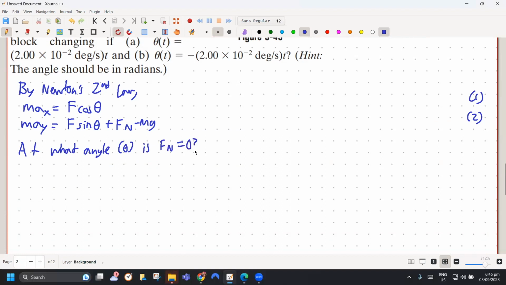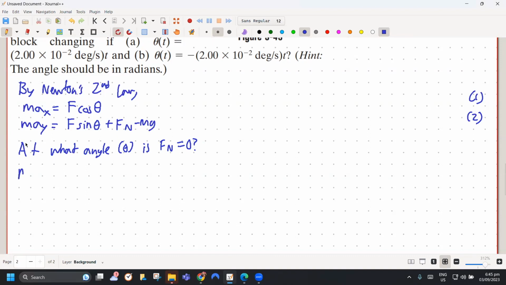Kasi, for example, pag ang theta ay zero, definitely, yung normal force equals sa mg. So, pag binabago mo yung angle at which you're pulling, yung normal force nagdi-decrease. Eventually, magzi-zero yan. So, ano yung critical angle na yun?